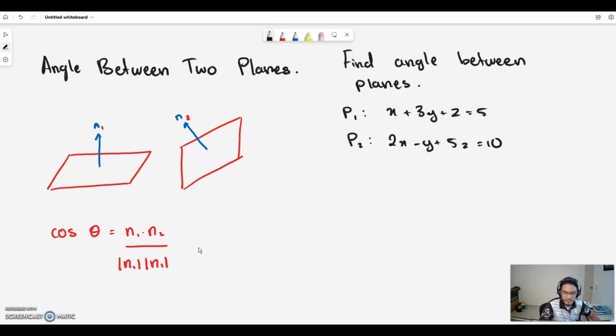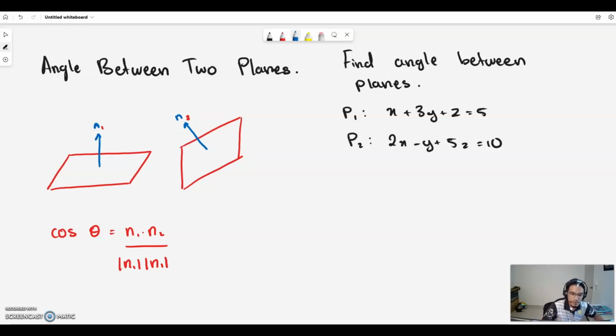Okay, now let's look at this example. We want to find the angle between these two planes, plane P1 and plane P2. We are given the equations of the planes P1 and P2. What we need to do is extract the vector perpendicular to the plane of P1 and P2.